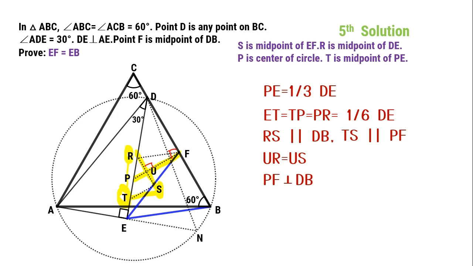So PF is also perpendicular to RS. UR equals US, so PF is the perpendicular bisector of RS. We can get RF equals SF, which equals 1/2 of EF.